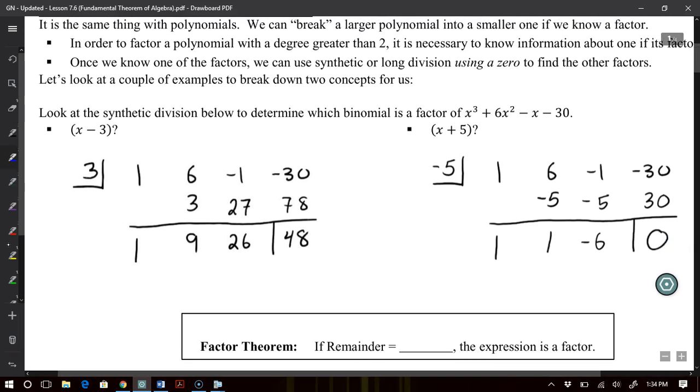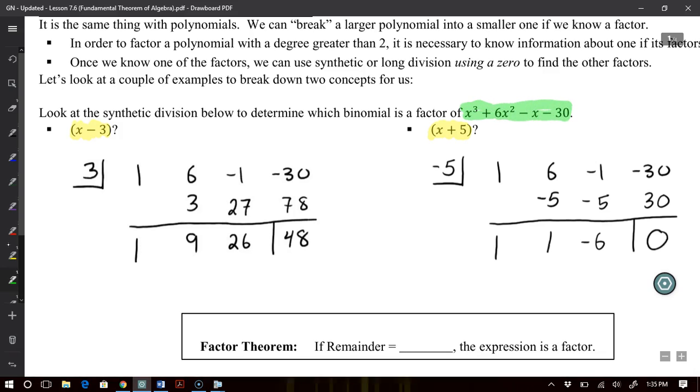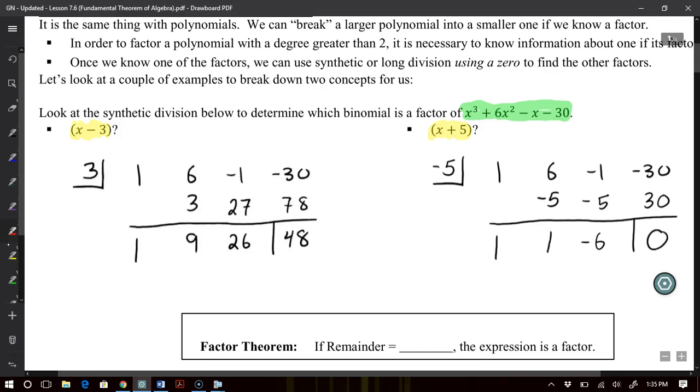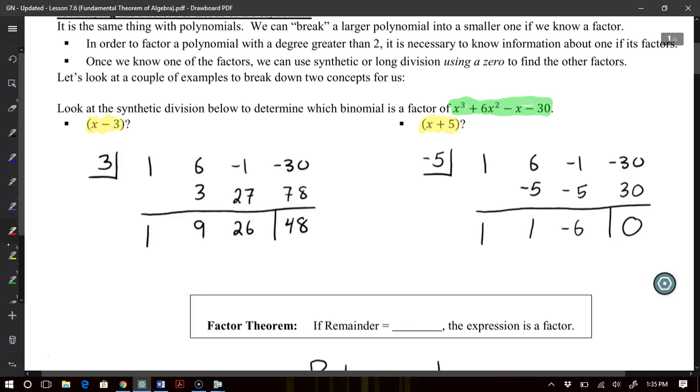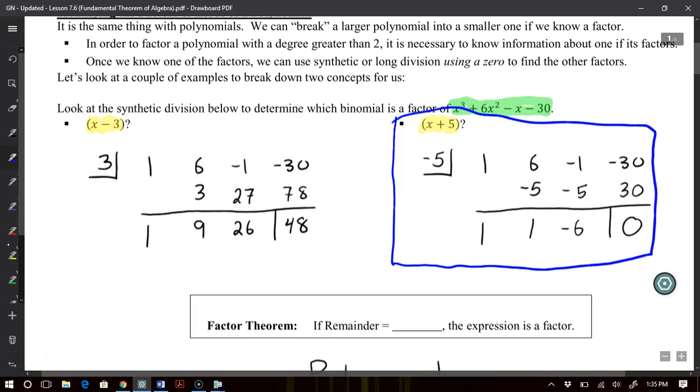And these synthetic divisions are asking which of these binomials, x minus 3 or x plus 5, is a factor of x cubed plus 6x squared minus x minus 30. And if you're asking which is a factor, well, it's the same rules as it was with numbers. If I were to pick whether it's x minus 3 or whether it's x plus 5, I'm going to choose this one. I'm going to say x plus 5 is a factor of that polynomial.